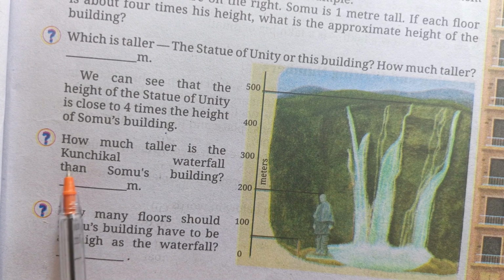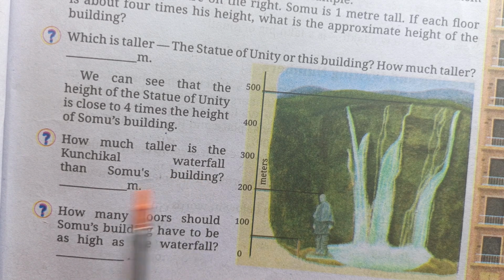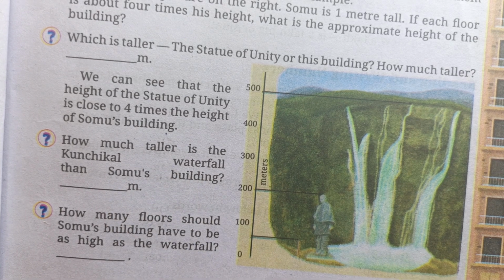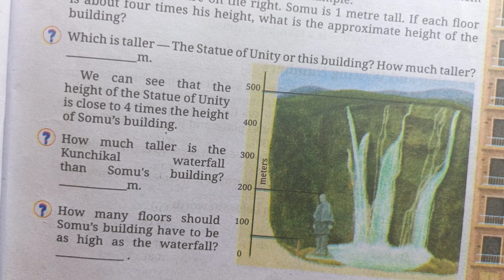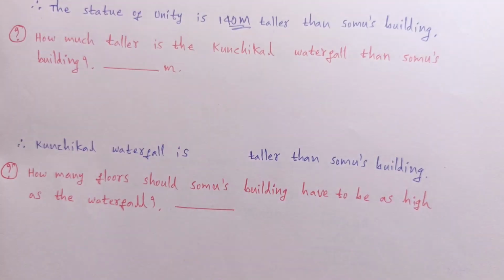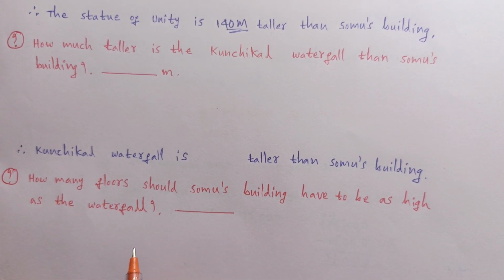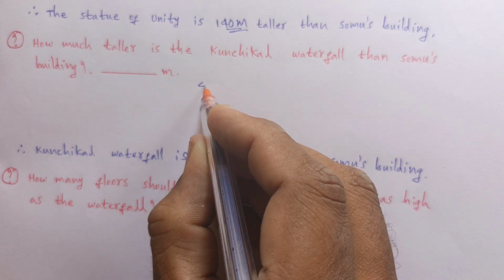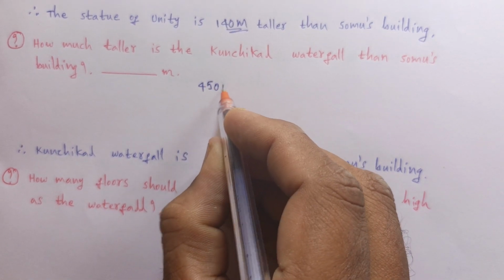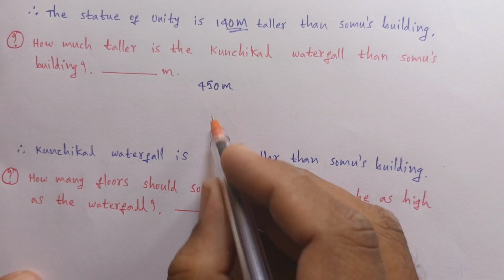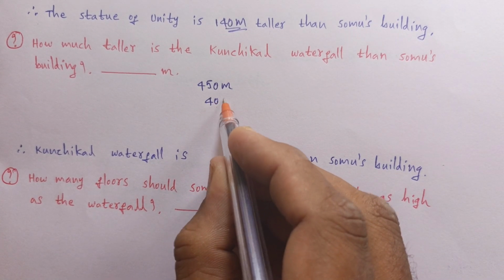Now second question: how much taller is the Kunchikal waterfall than Somu's building, in meters we have to mention. So here Kunchikal waterfall is 450 meters. From that we have to subtract the building height, that means 40. 450 meters minus 40 meters.